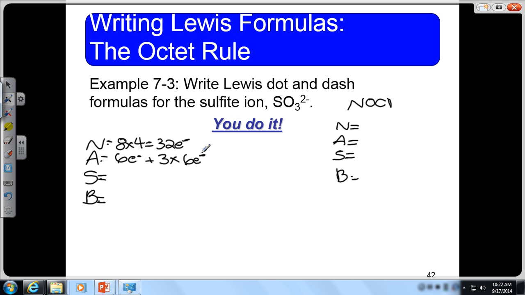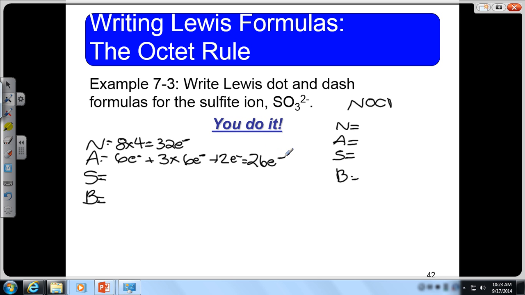All right, we have a 2 negative charge, so we can't forget about that. We have to add 2 electrons here, right? So we basically have 6 times 4 plus 2, so we should get 26.